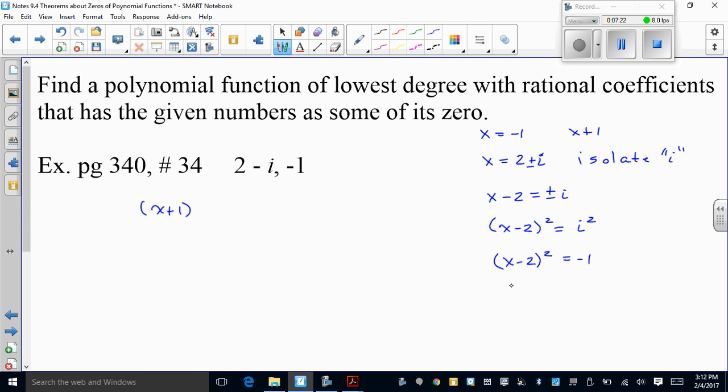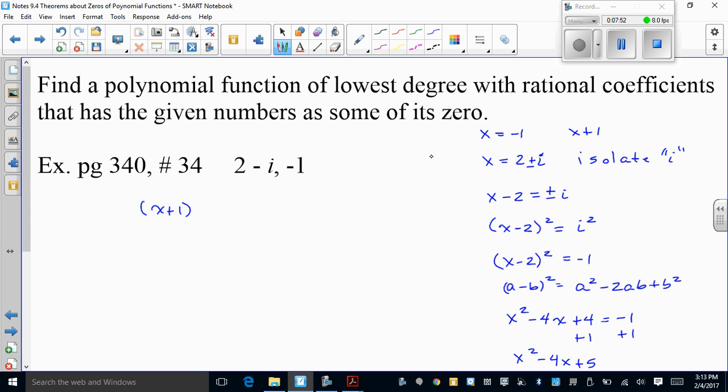If you have a minus b squared, you're going to get a squared minus 2ab plus b squared. So that's going to give me x squared minus 4x plus 4 equals negative 1. Add 1 to both sides, and we have x squared minus 4x plus 5.